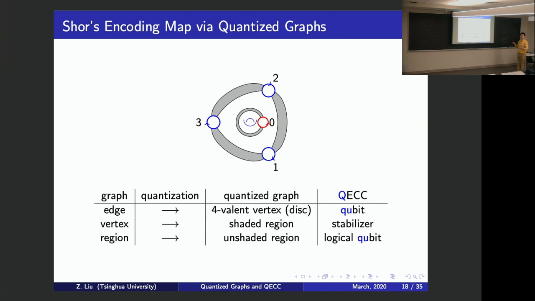We can have additional concepts on those quantized graphs. So previously, the edge for the pre-quantized graph is replaced by the vertex of the quantized graph. Now, since in TQFT we want to consider the vertex as a boundary, as a circle, and that corresponds to a single qubit.